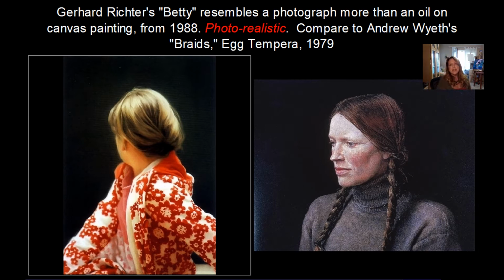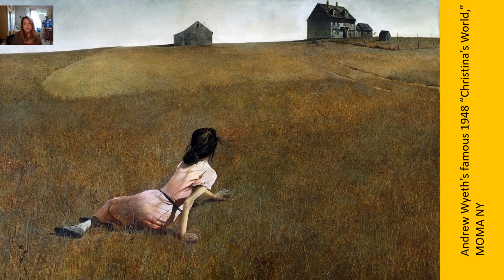But this is from 1988, and again, it looks more like a photograph than an oil on canvas painting. And so here you can see the different mediums, and you can see that even though we look at Wyeth's work and think it looks so realistic, we realize when we see a photograph that it's still not completely there. But even so, it's miraculous.